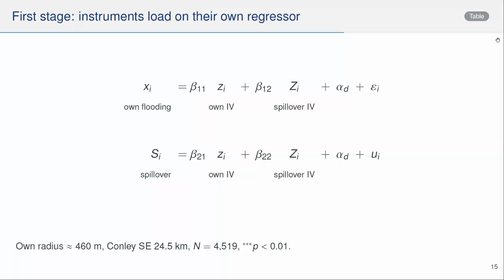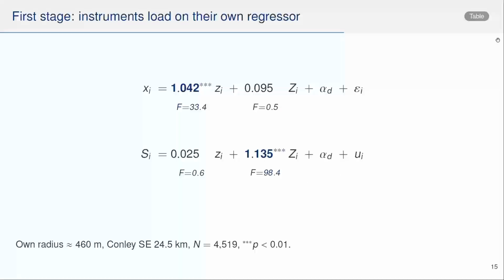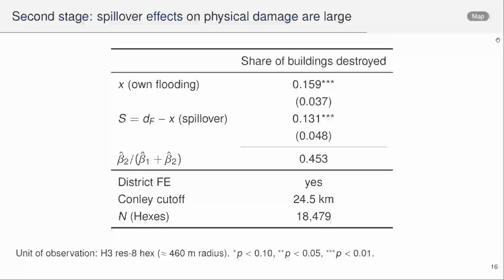4 minutes. The first thing I'm going to tell you is that my first stage is great. My F-stats are stunning, and own flooding IV predicts the own flooding satellite measure, and the spillover IV predicts the spillover satellite measure, and they don't predict each other. It's really clean. Then I'm going to show you my first result: I construct at a local level the share of property that was damaged using the microdata.